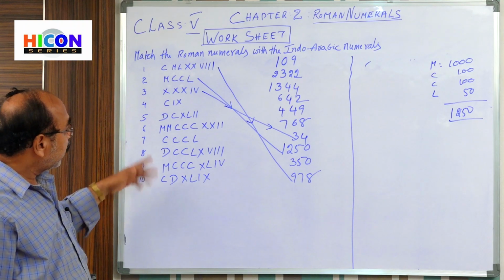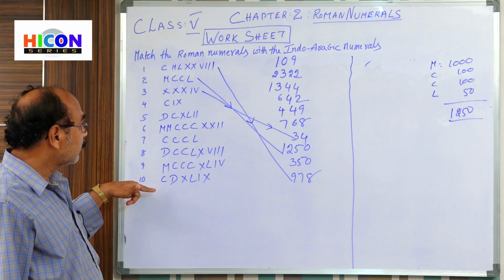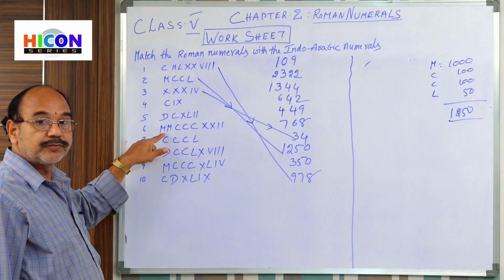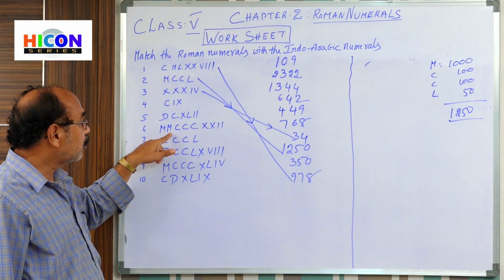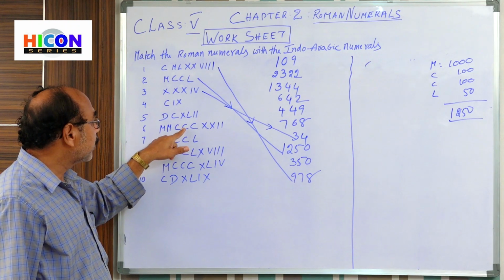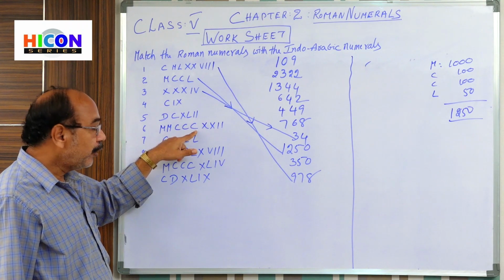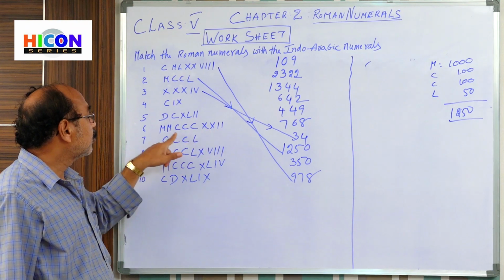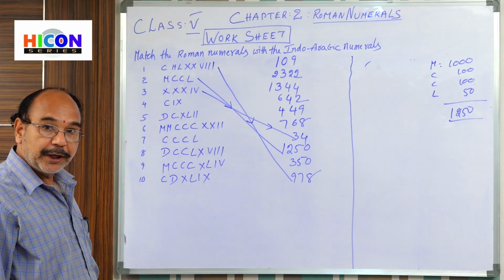Okay children, like this, now one more. M for 1000, 1000 plus 1000, that is 2000. C repeated 3 times, that means 100 plus 100 plus 100, which is 300. So 2300, and double X is there, that means 20. So 2320.